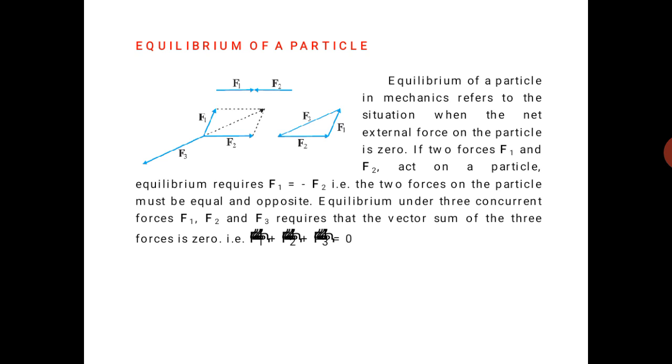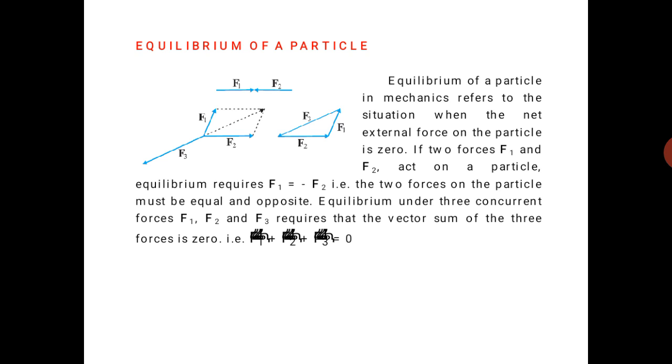Suppose F1 and F2 are the two forces acting on a body. Under the action of these two forces, if the body does not move in any direction, then we can say it is in equilibrium.